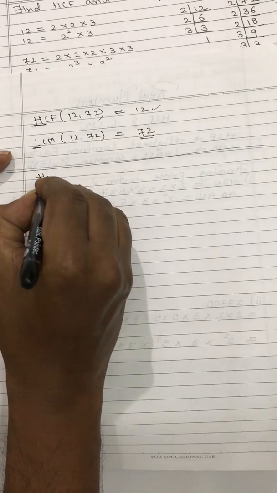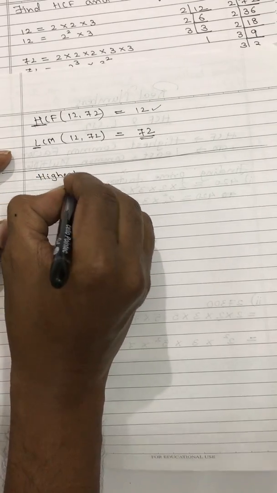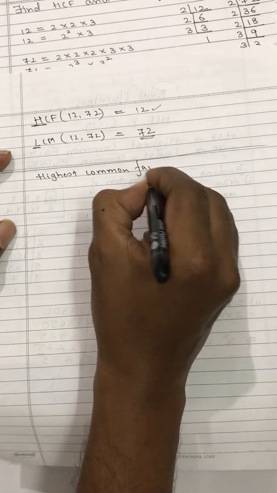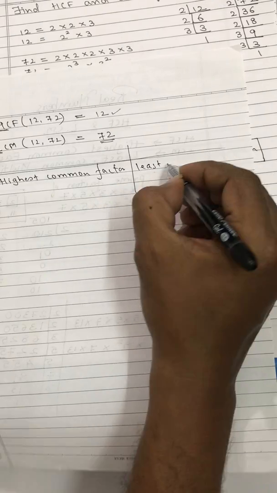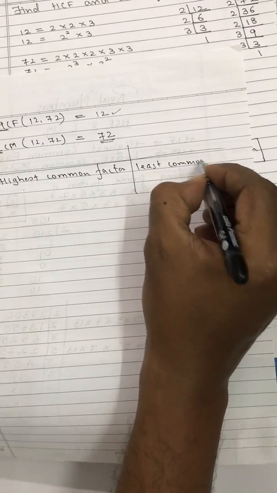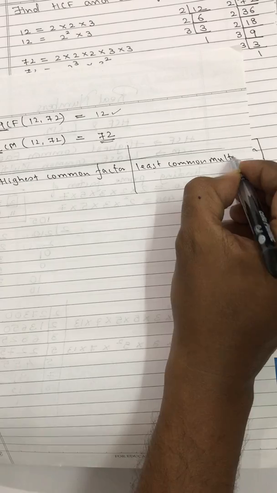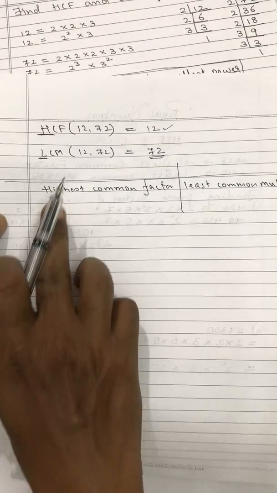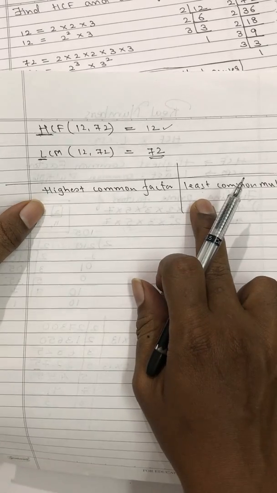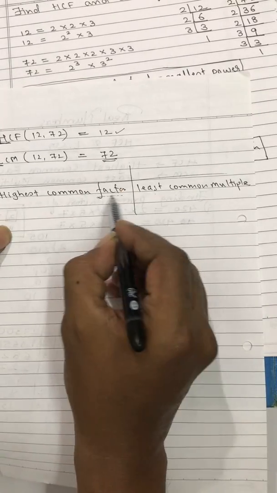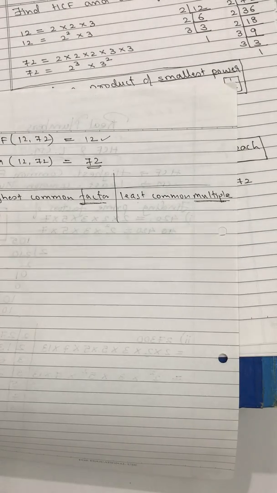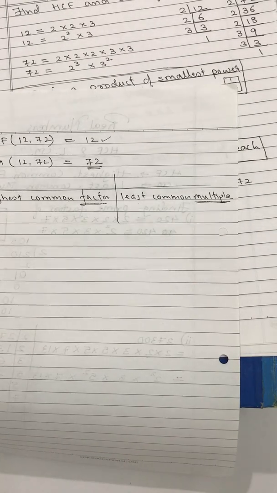Instead of putting more attention on highest and least, put more attention on factor and multiple. Factor and multiple. Highest common factor.